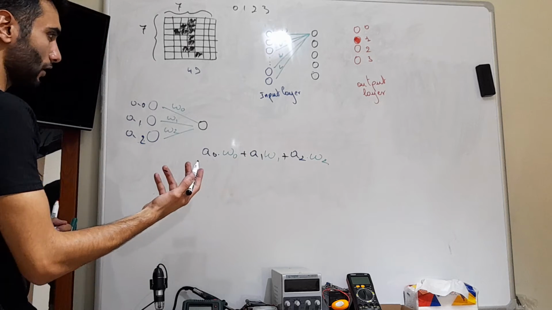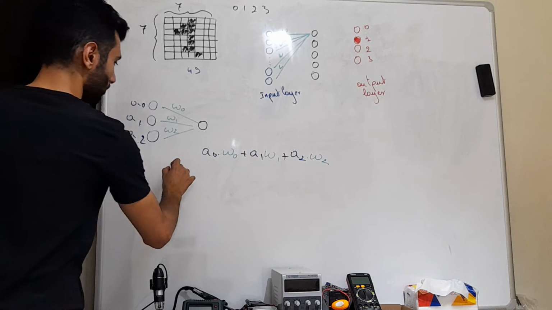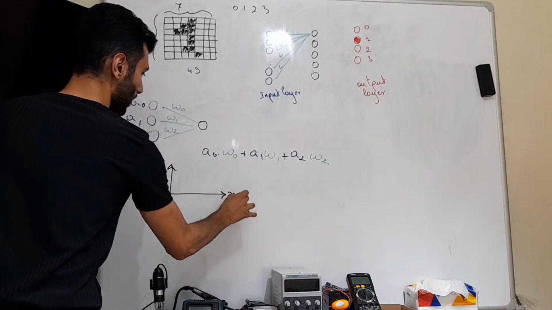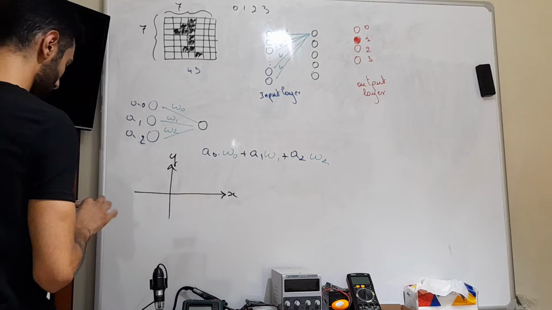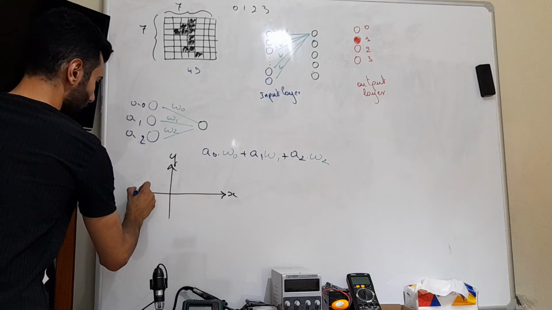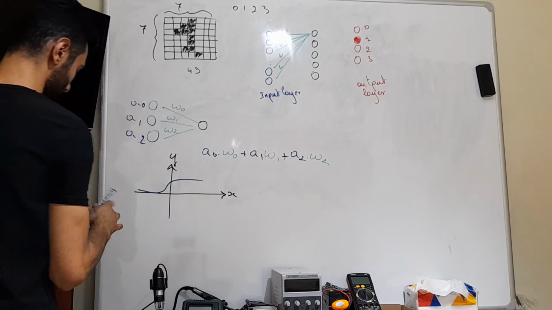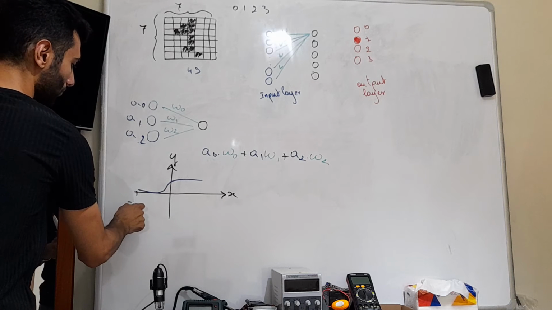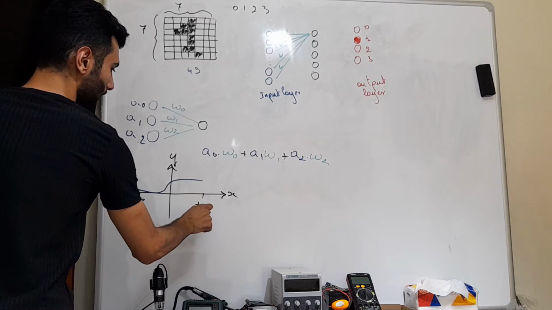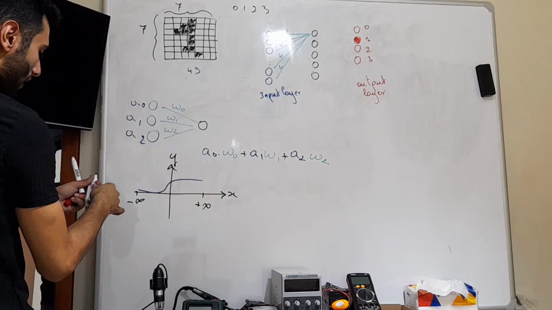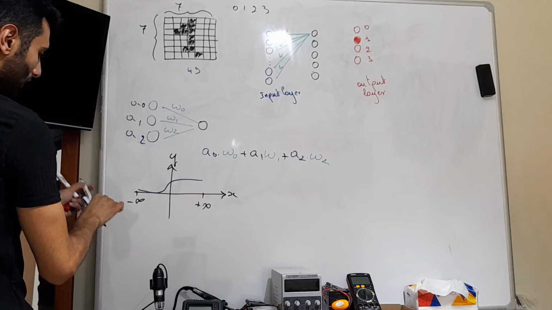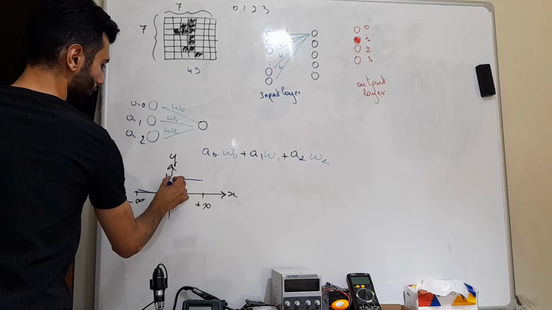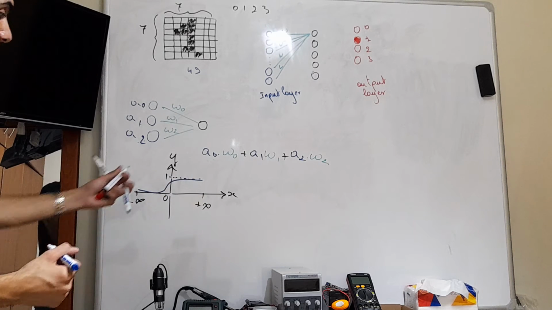An example of that function is called the sigmoid function, which is like this. We have the x and y axes, and here we have the sigmoid function, that takes any number between -infinity and +infinity and gives out a y between 0 and 1.